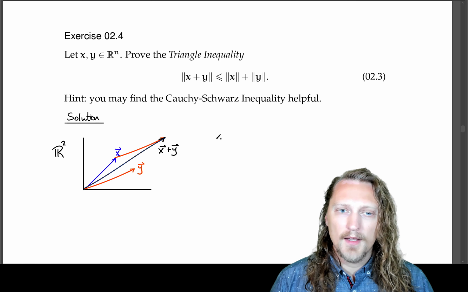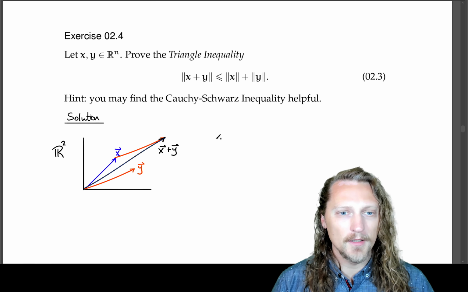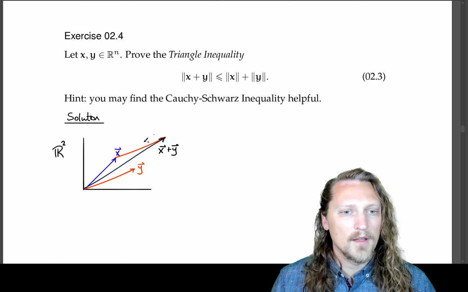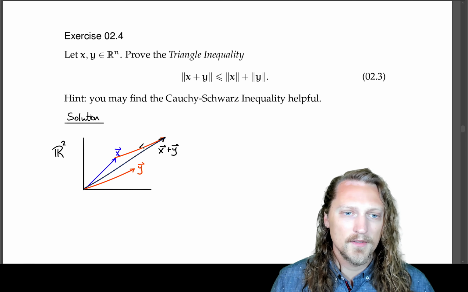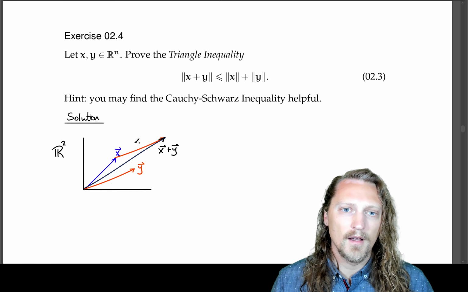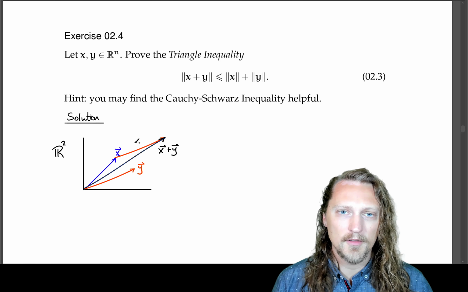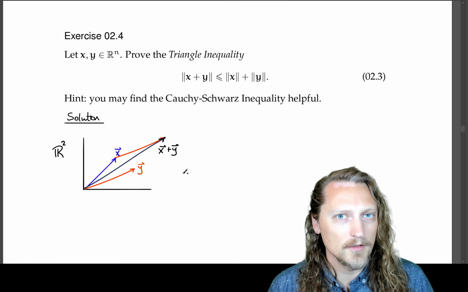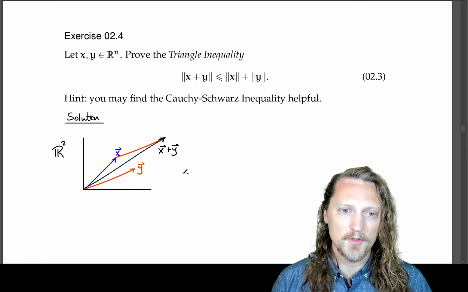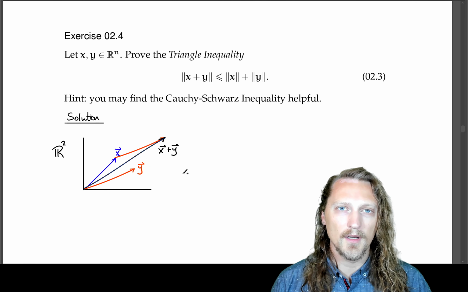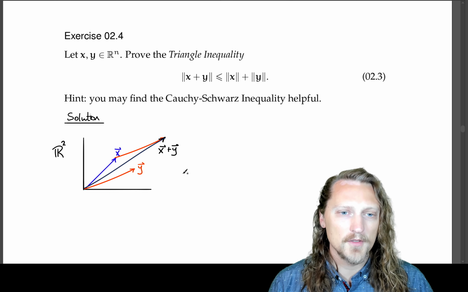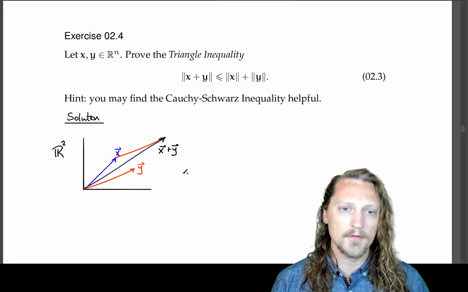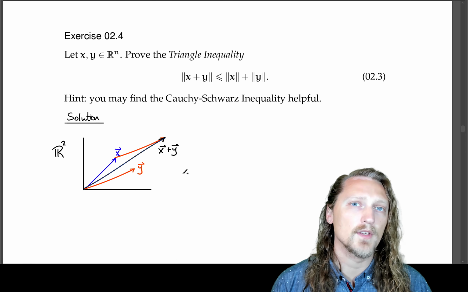The reason this is called the triangle inequality is that the length of x plus the length of y has to be greater than or equal to the length of the sum, because they make a triangle. That's the geometric interpretation. There will always be a greater length in the sum of the two lengths, unless there's equality, which is the case when x and y are collinear and in the same direction.